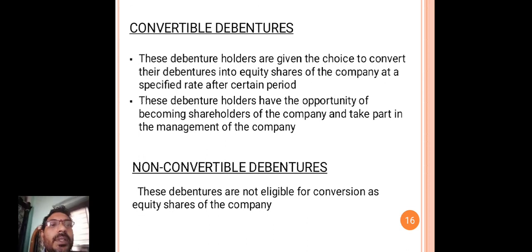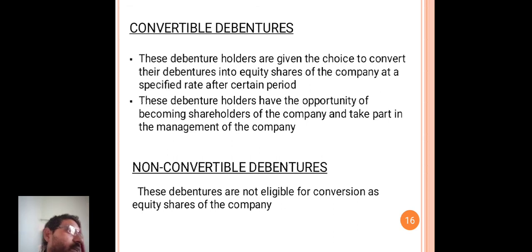Non-convertible debentures. These debentures are not eligible for conversion as equity shares of the company.